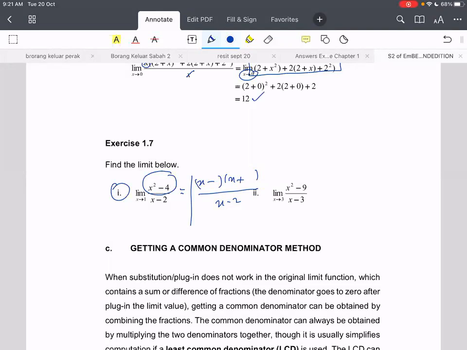Minus 2 plus 2. Minus 2 plus 2. So we can cancel this out.